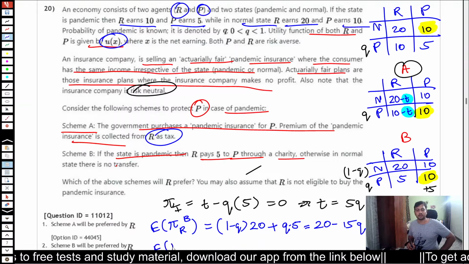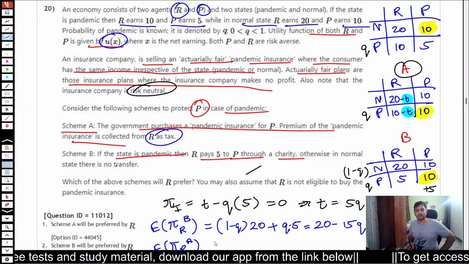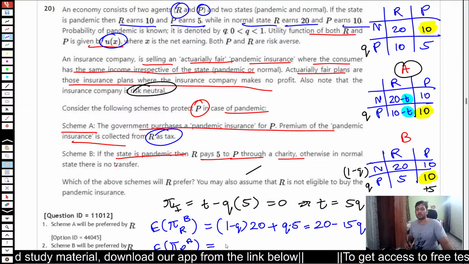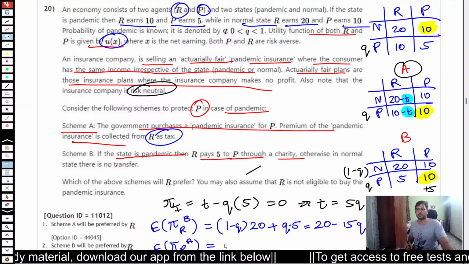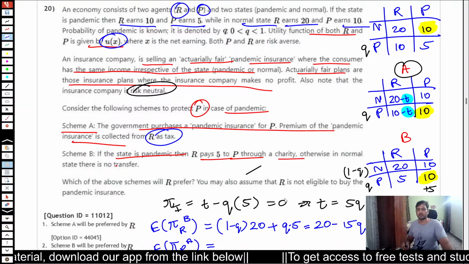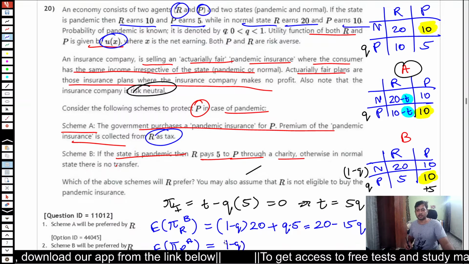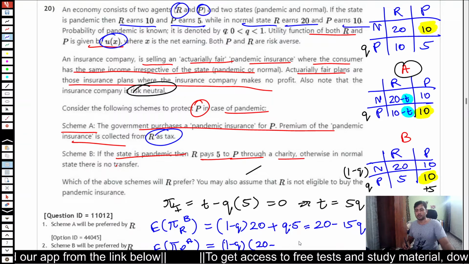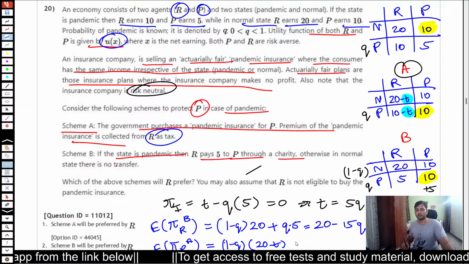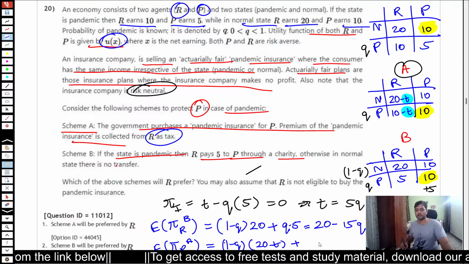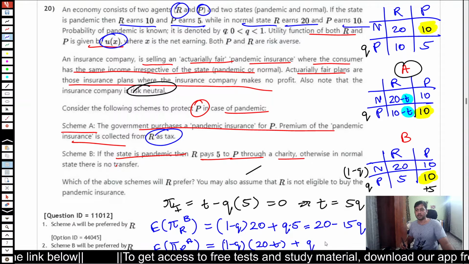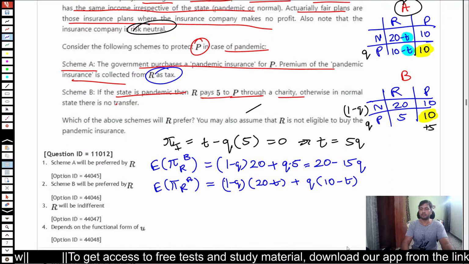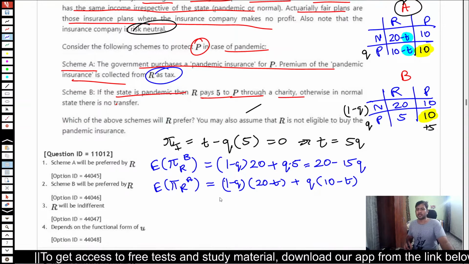Now expected profit of the rich person in case of scheme A, if I calculate, that is going to be equal to, under scheme A, with probability 1 minus Q he ends up with 20 minus T, plus with probability Q he ends up with 10 minus T. Because he has to pay tax irrespective.